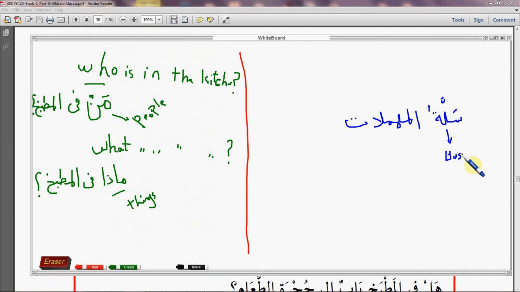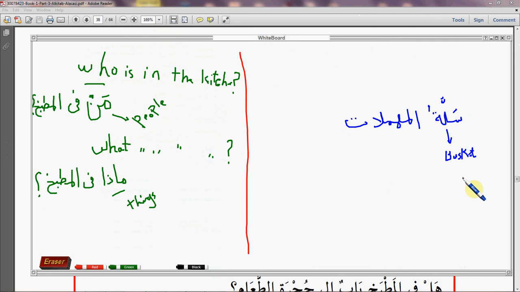So it doesn't mean bin, it's only basket. المهملات means rubbish. Always المهملات means rubbish. But سلة means basket.